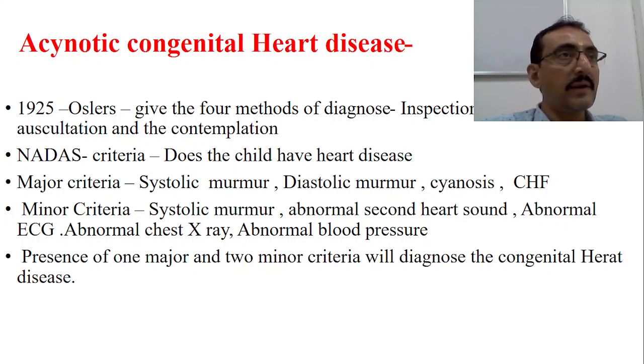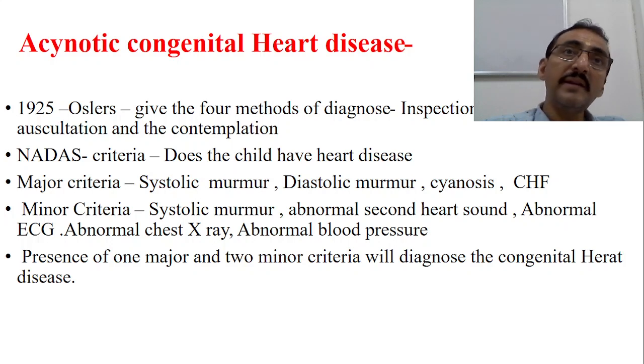Nadas' criteria is most commonly used to identify cardiovascular problems. The major criteria explained by Nadas, to say the child has a cardiac problem, are systolic murmur, diastolic murmur, cyanosis, and congestive heart failure.